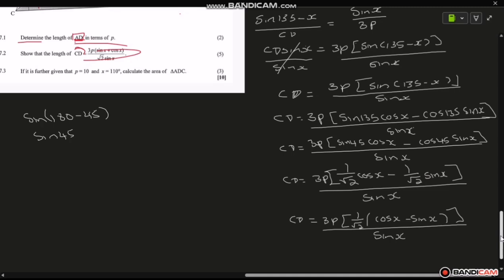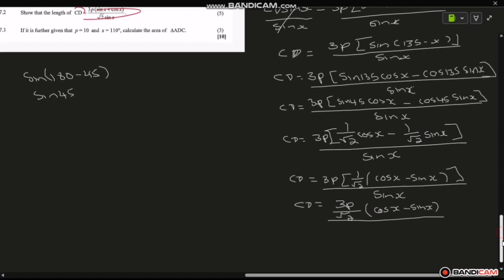We don't want too many brackets. We're going to multiply the 3p and 1 over root 2. Therefore, it's going to be 3p over root 2 times (cos x minus sine x), close bracket, over sine x.